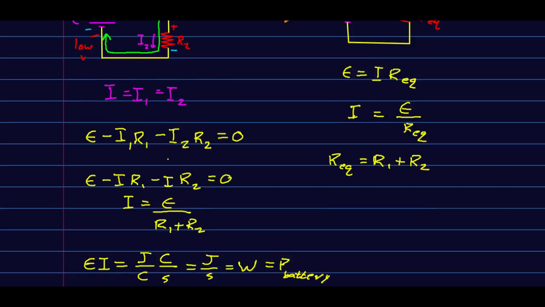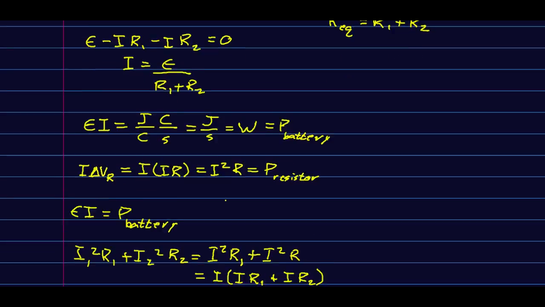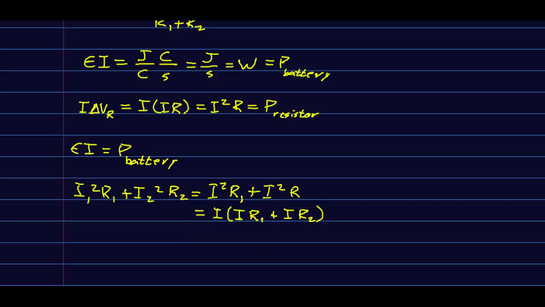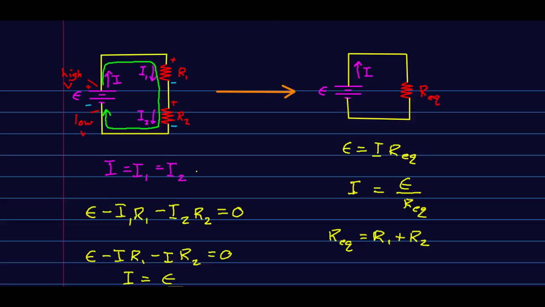But we already know from the loop law that epsilon is equal to IR1 plus IR2, and so that is I epsilon. And so we see that the total power in the resistors is the same as the power in the battery. And this is always true for any resistor circuit. I'll leave it to you to show that this works the same way for parallel resistors.